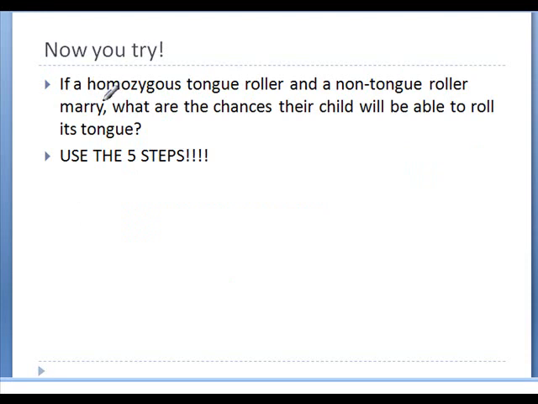In this one, a homozygous tongue roller and a non-tongue roller marry. What are the chances that the children will be able to roll their tongue? So notice homozygous tongue roller indicates that the tongue roller is capital R, and the recessive is small r, so it's a homozygous tongue roller.